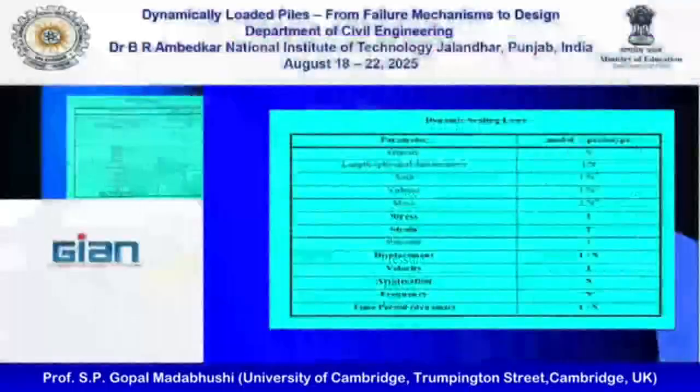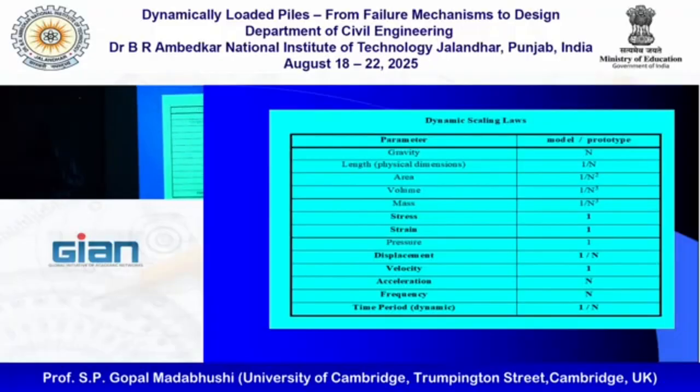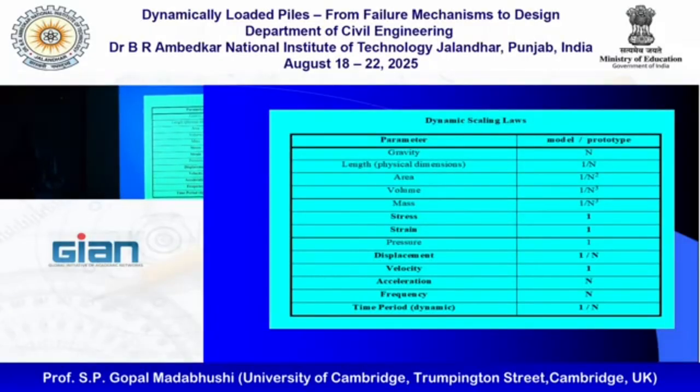Normally, earthquake motions will be there, and sinusoidal waves will be used in the lab. Can I make it in any other method, equivalent to earthquake motion? Yeah, I need to increase the amplitude of the shaking by a factor of n, because acceleration should be n times larger, and the time scale should be n times smaller.